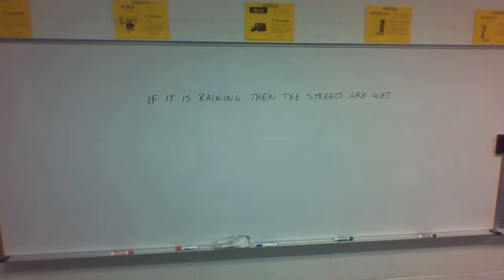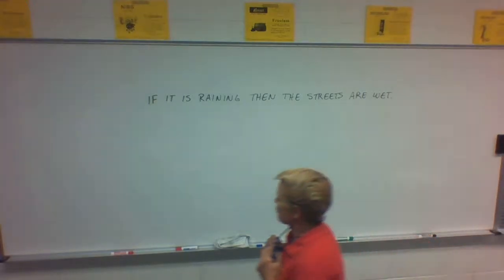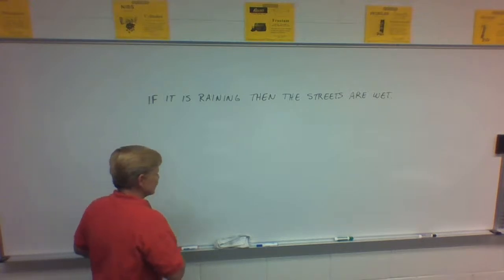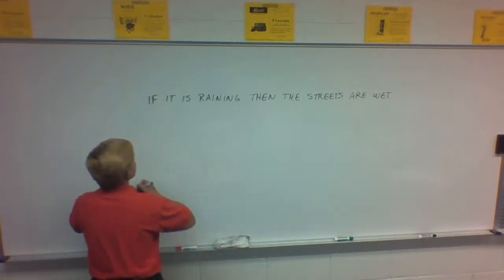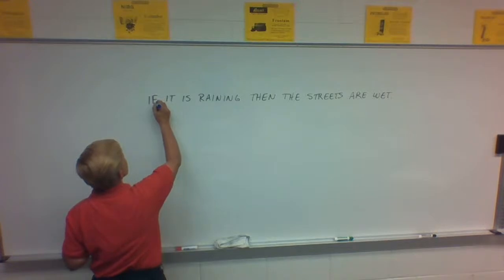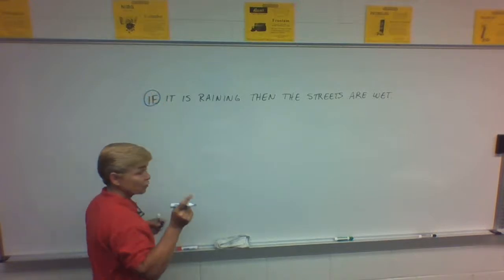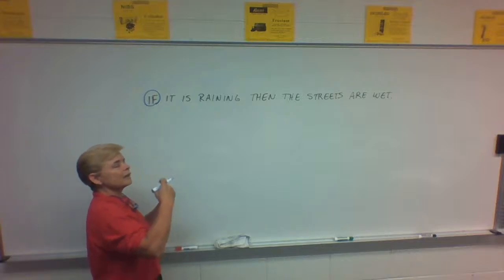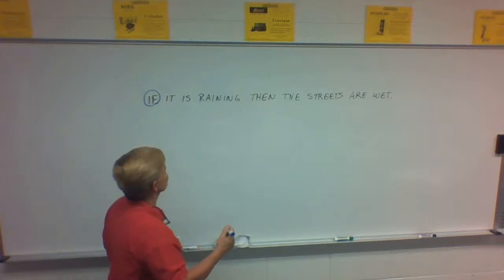This is called a conditional statement because there are 2 main parts. This word if right here tells you it's going to be a conditional statement. Sometimes conditional statements don't have an if in them, and you're going to get some practice on taking those that don't have an if in them and putting if in where it goes so it says the same thing.